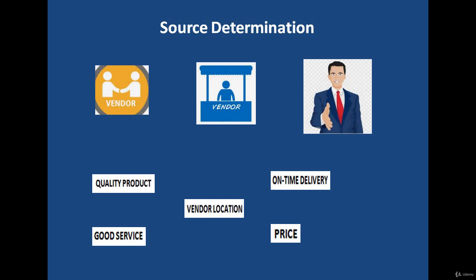There may be other factors also, which help the management to take decision in identifying the right vendors who are new to the company. So in this stage, the source determination process is carried out.